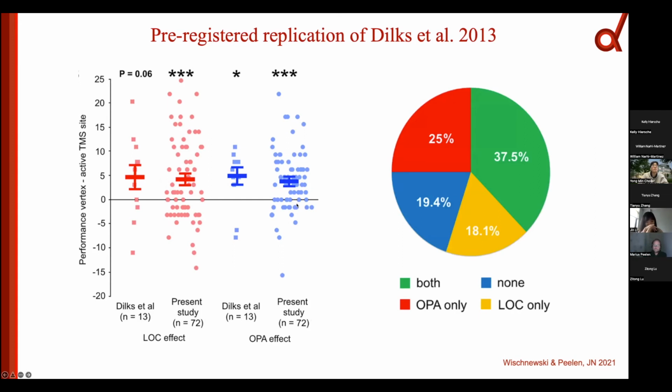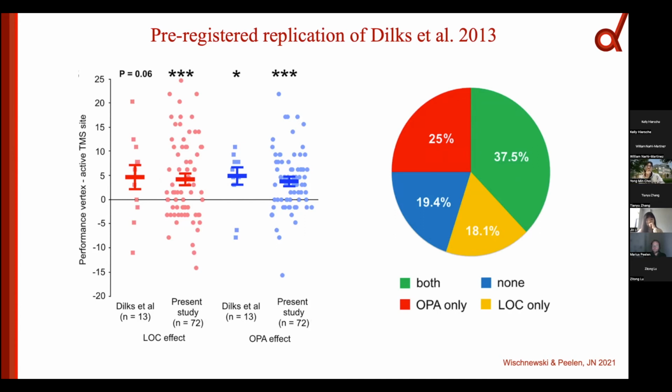Another thing we observed was that, of course, not everyone shows these effects. We see that 19% of participants don't show either of the effects, so don't show an LO effect and also don't show an OPA effect. Many subjects show both of these effects, and some subjects just show one or the other. And this could have many reasons, of course, it can be noise, but it could also be that these regions are just not sensitive to TMS in some subjects relative to others.